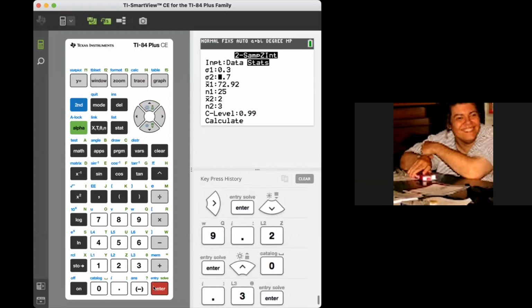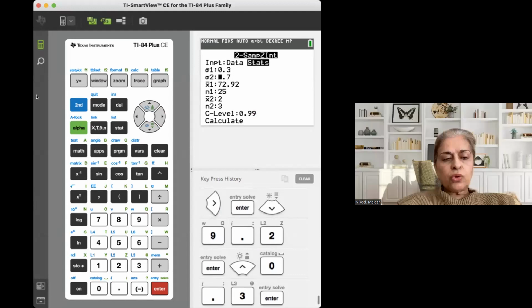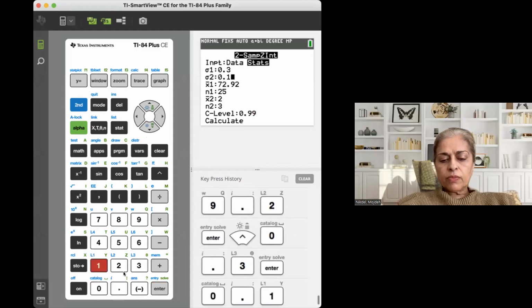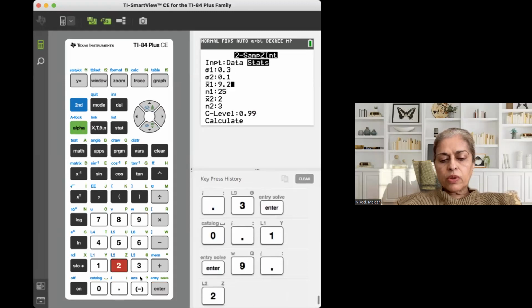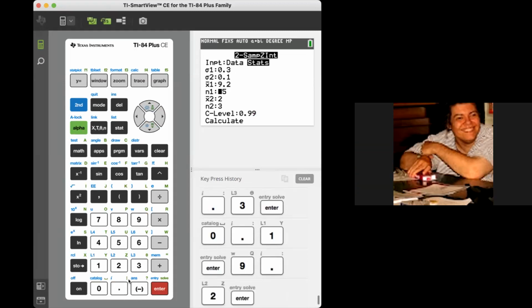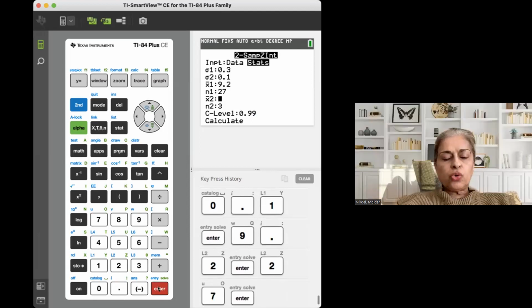Sigma 2, 0.1. x1 bar, 9.2. n1, 27. x2 bar, 8.8. n2, 30.